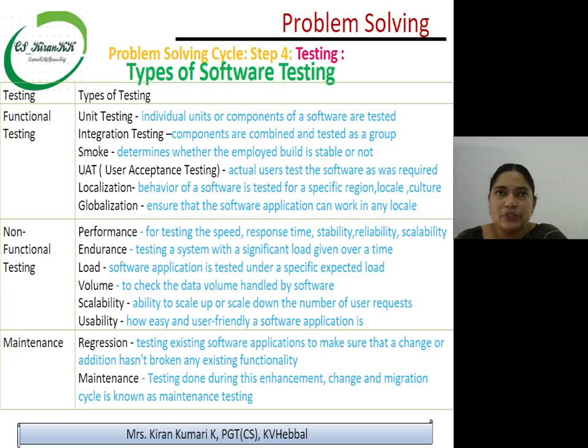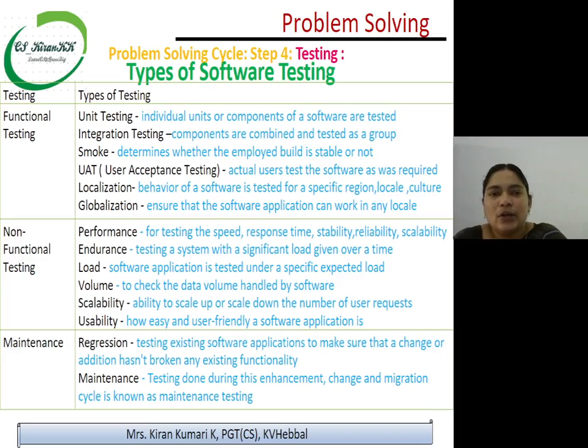Sometimes, if in your coding itself you give values directly, then every time it will give a proper result for that particular input. So when you allow the user to give inputs from the console, that is user acceptance testing, right? Actually users test the software after you have given it to them, and then they are either satisfied or not satisfied, that is user acceptance testing.